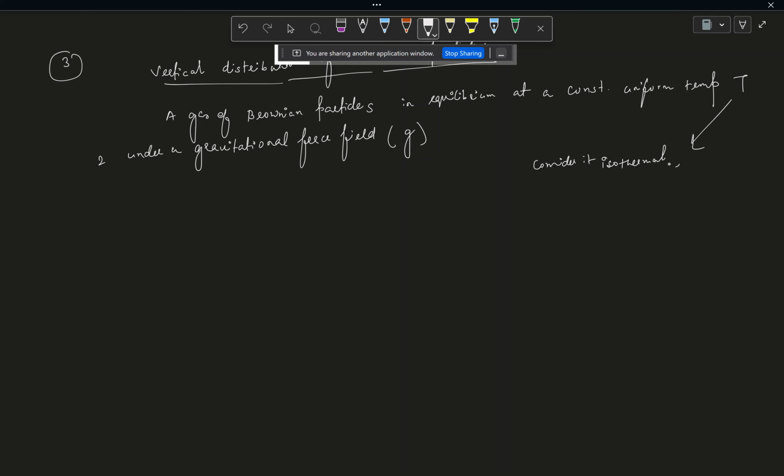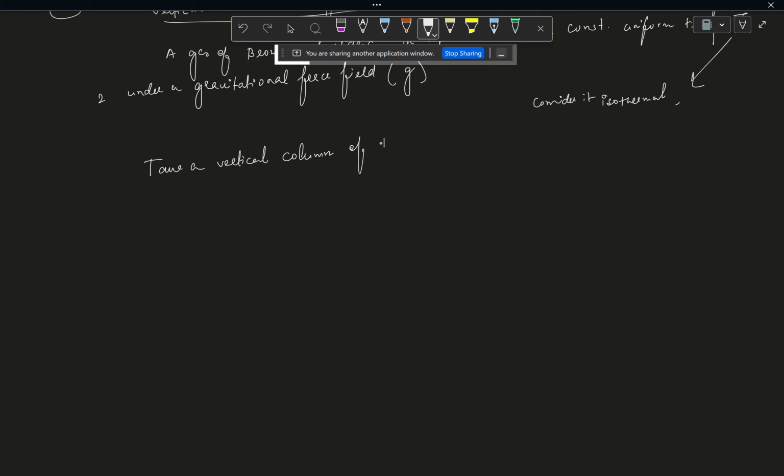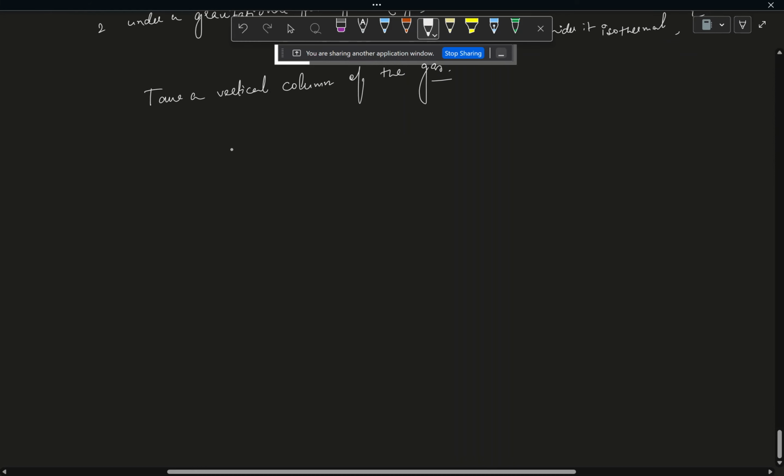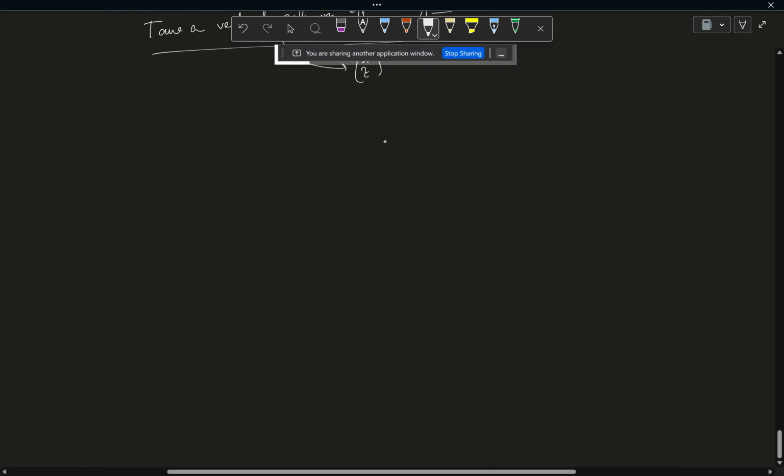And we are only going to deal with the vertical column of the gas. And by vertical I mean the z direction.